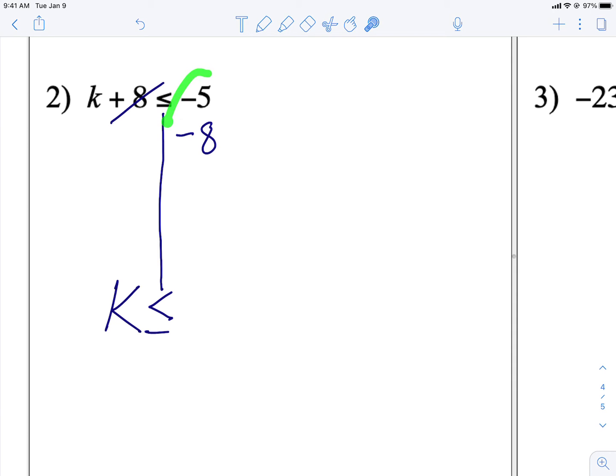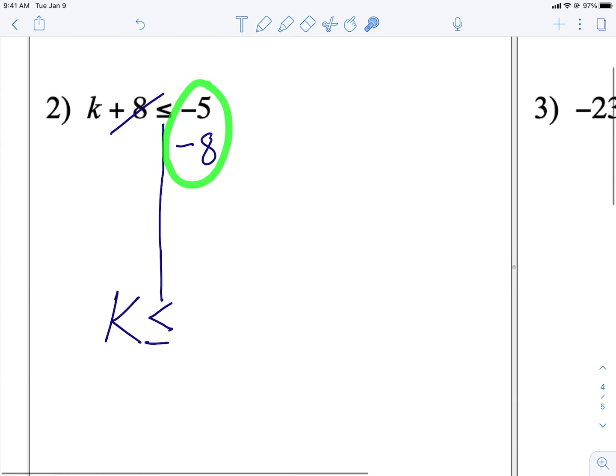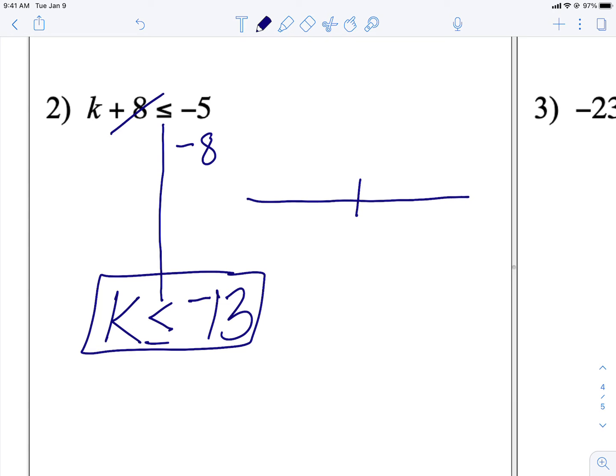So -5 and -8 are the same signs, so I'm going to add. 8 plus 5 is 13, and it's a -13 because 8 is bigger and 8 is a negative. So I solved it. That's my solution. But I need to graph it. I'm going to draw my line and put 13 in the middle just like that.